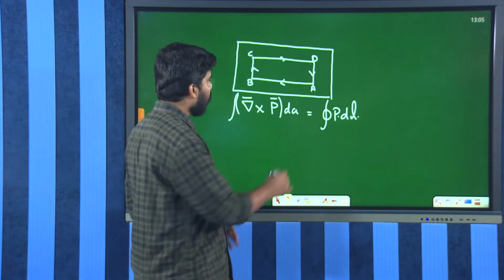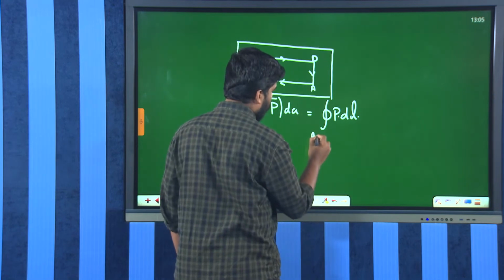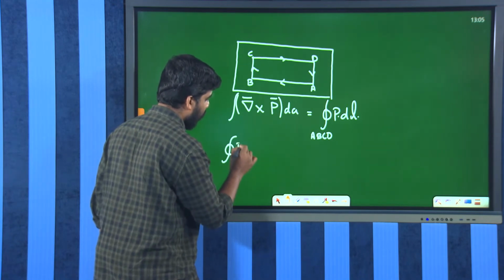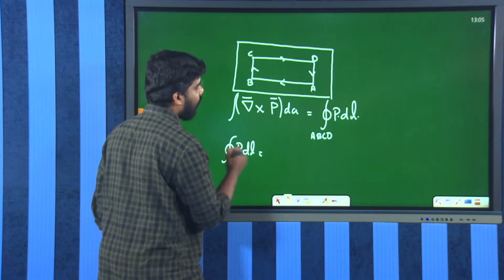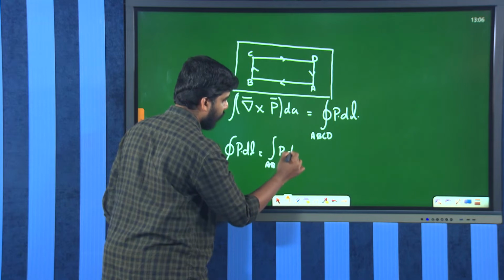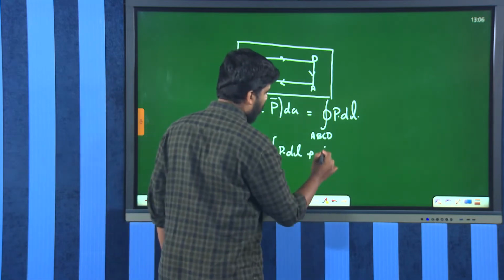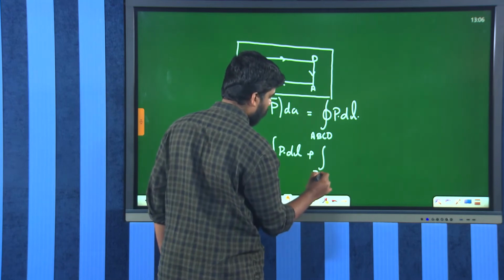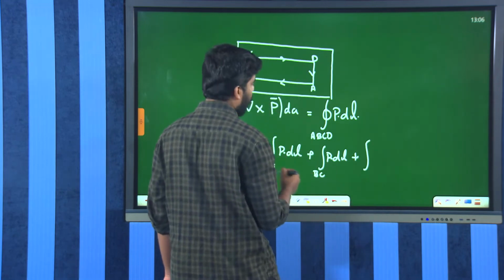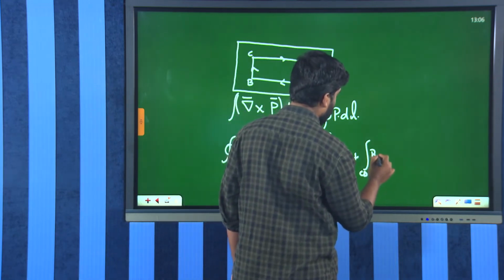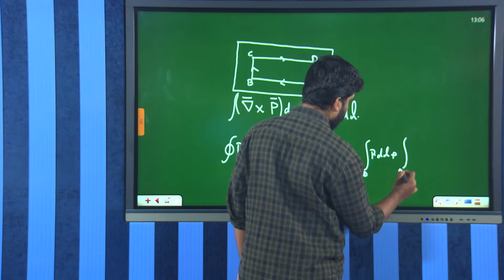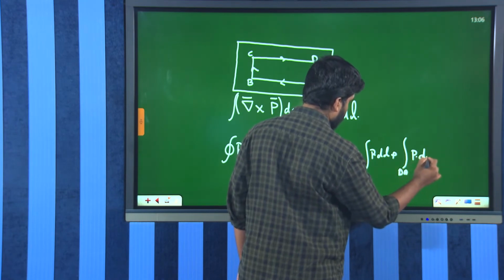According to Stokes theorem, I should go over this path A, B, C, D, and I can rewrite this integral as the closed integral of P dot dl equal to the integral from A to B of P dot dl, plus the integral from B to C of P dot dl, plus the integral from C to D of P dot dl, plus the integral from D to A of P dot dl.